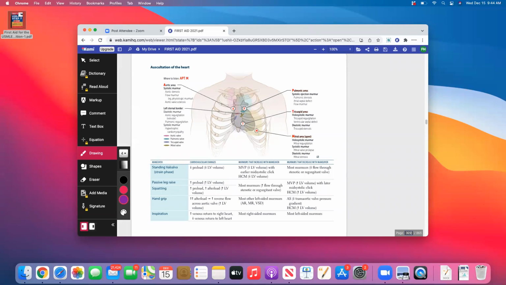Okay. Pulse pressure is decreased in a couple of conditions. What are the names of those conditions? Aortic stenosis, then cardiogenic shock. Very good. Then what else?